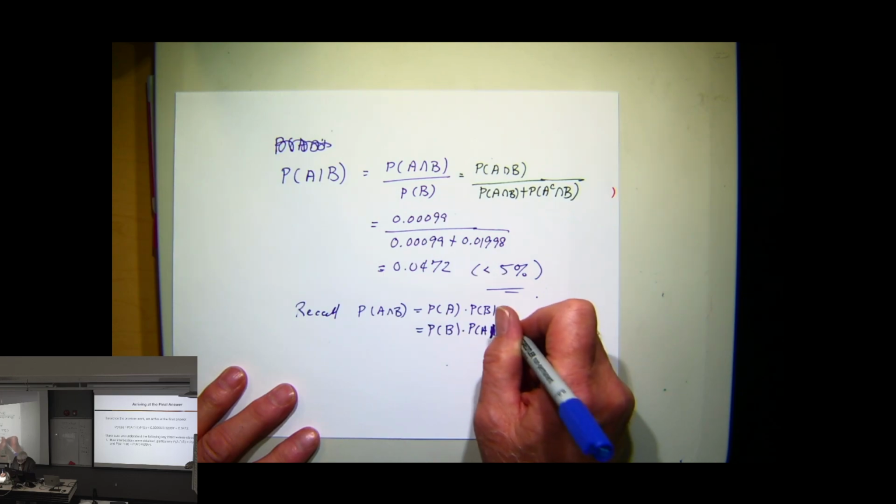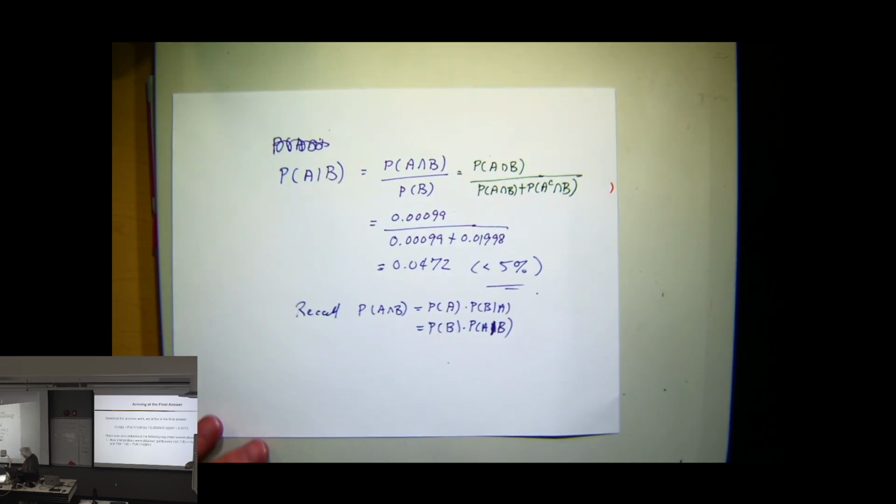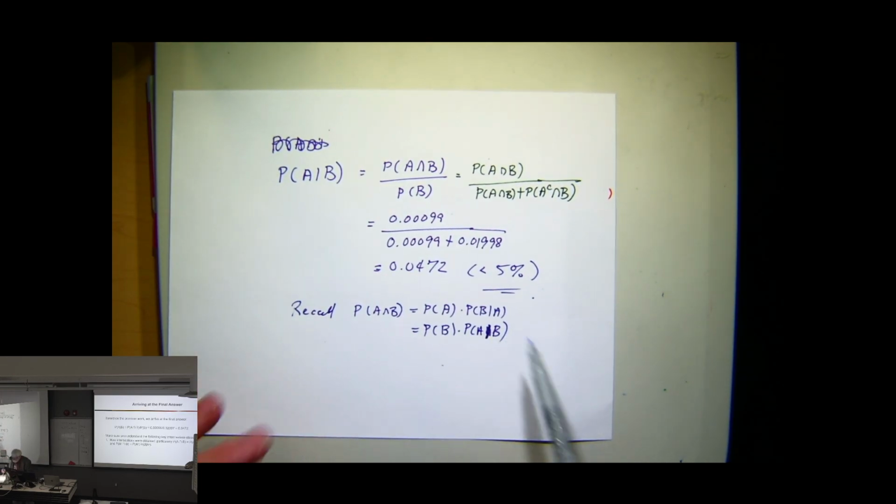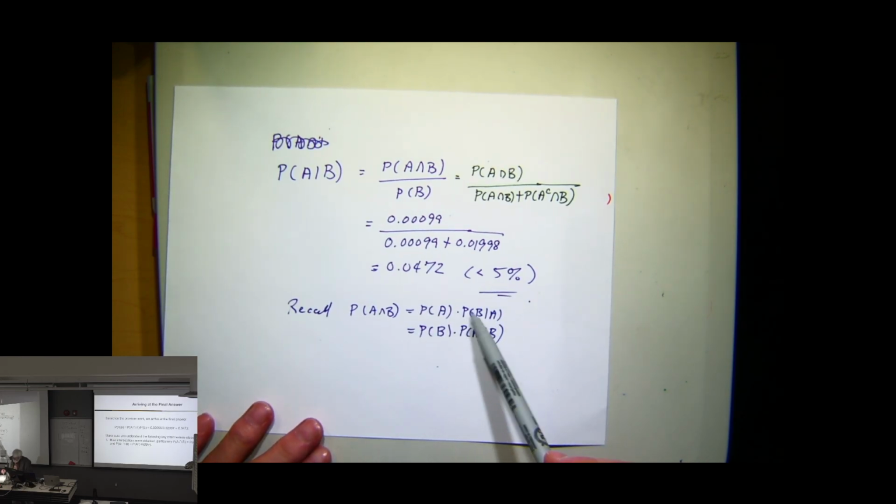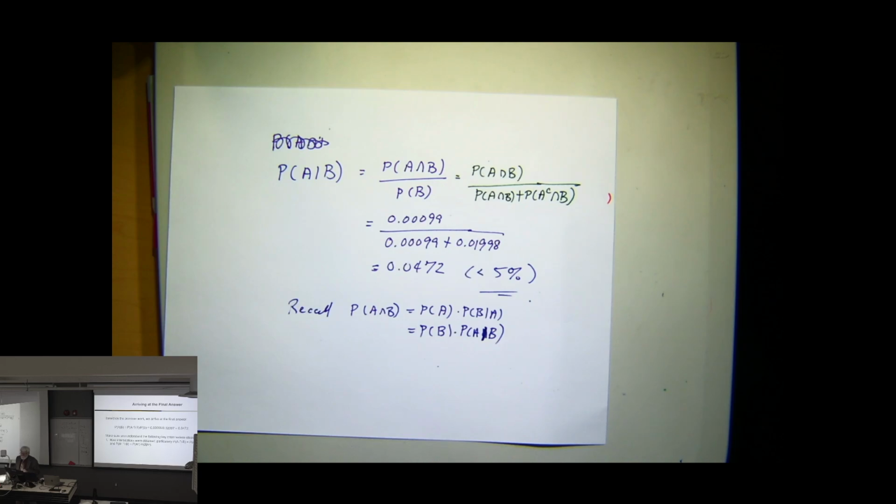A given B. And so what we are able to do is to move from one conditional probability to the other through the intersection.